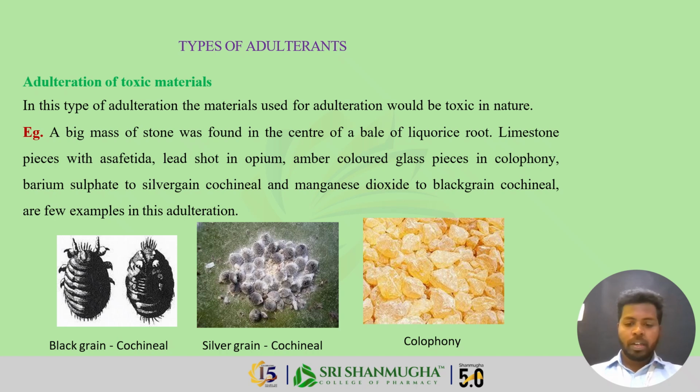These materials increase the weight and profit, but can cause serious health hazards. This type of adulteration can lead to poisoning and sometimes severe organ damage. This is not just unethical; it is a kind of criminal act.